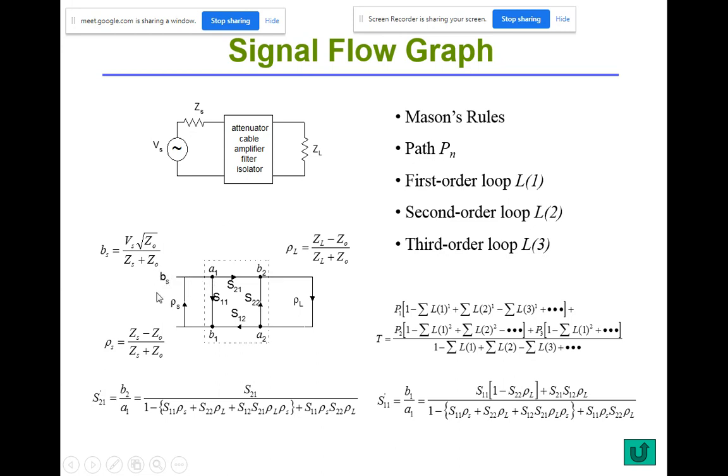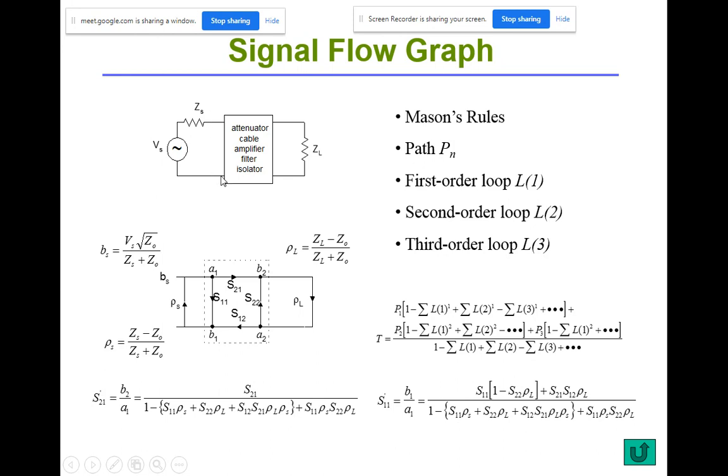But the source is from what we learned in the tutorial, isn't it? You can find the voltage at this point, and then if you take this voltage divided by the square root of the port impedance, you get A1, isn't it?